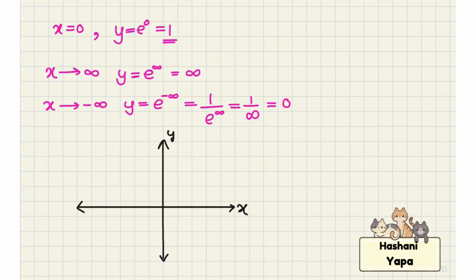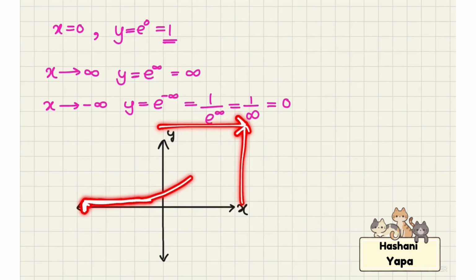When x becomes plus infinity, that means when x becomes a very large number, y becomes a very large number. That means y is going to be over here. And when x is a very large minus number, y becomes almost 0.